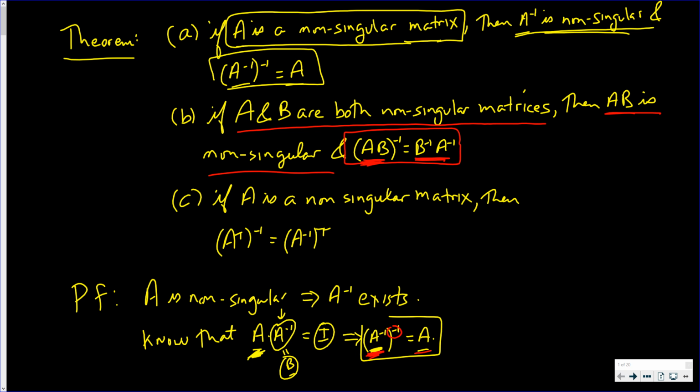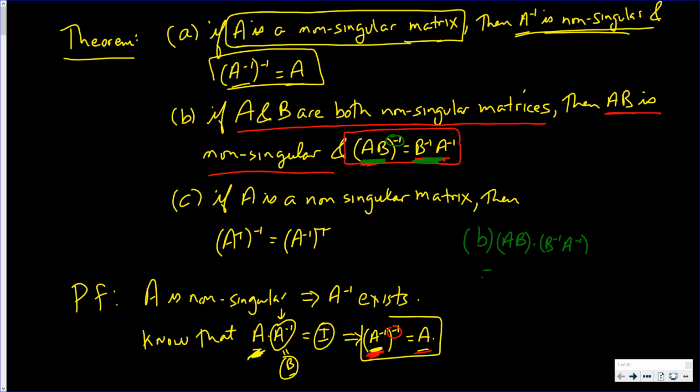Now, I'm saying that the inverse of this is that. This one's so simple I can put the proof here. If the inverse of AB is this matrix, then AB times B inverse A inverse better be the identity.